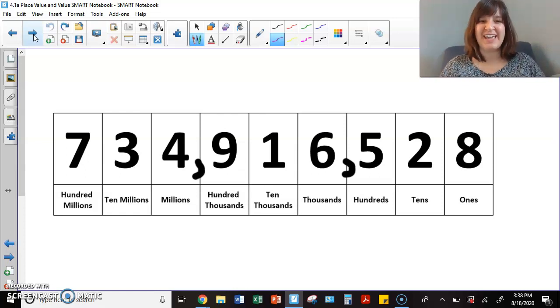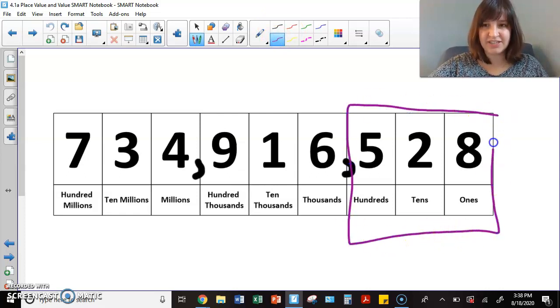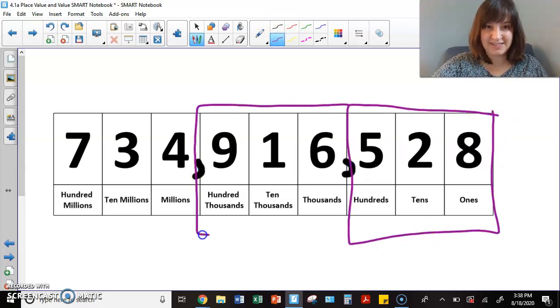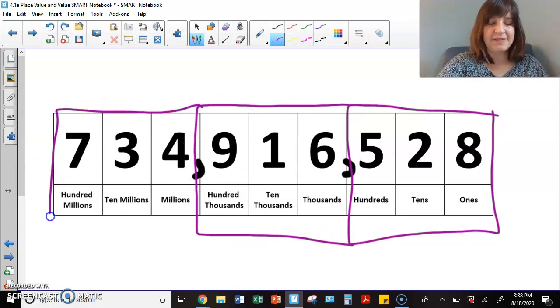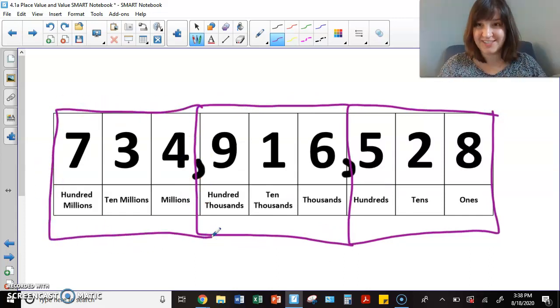So let's look at this really, really big number that we have in front of us. As you can see, we divide our digits by commas, and each comma happens after every 3 digits. Okay, and when we look at each one of these, we see common themes.